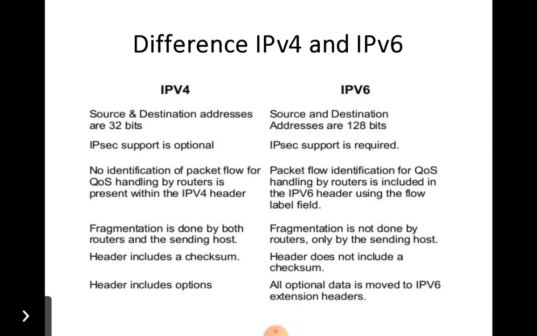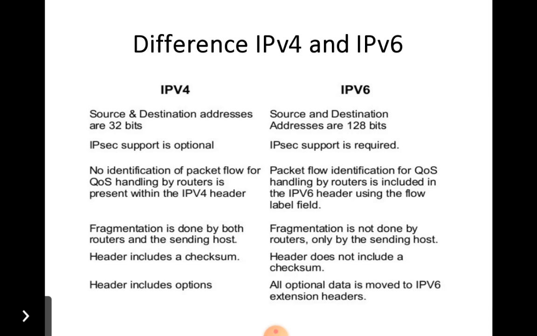No identification of packet flow for quality of service handled by the router is present within the IPv4 header. Next, fragmentation is done by both routers and the sending host. Next, the header includes a checksum in IPv4, and the header of IPv4 also includes options.